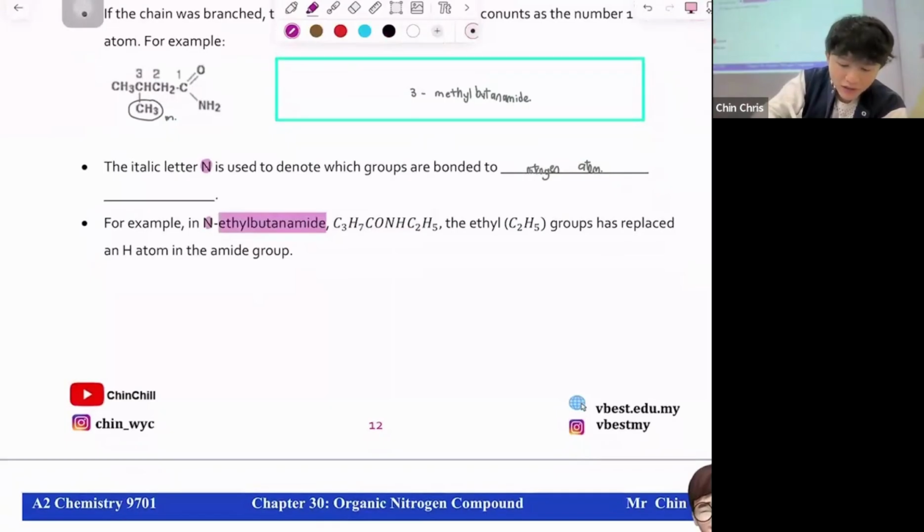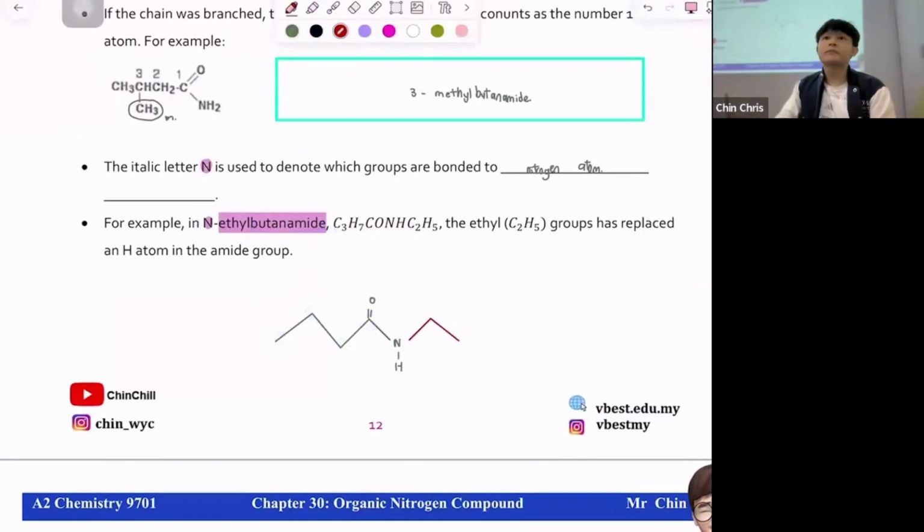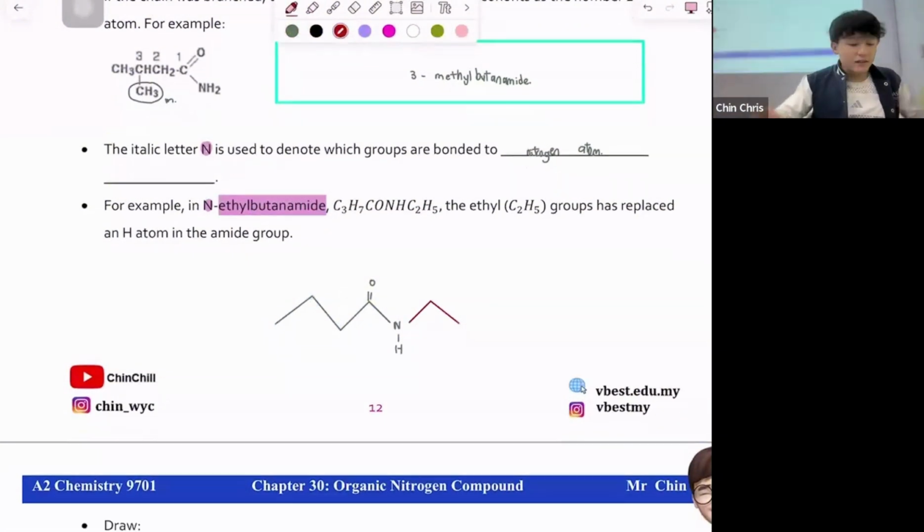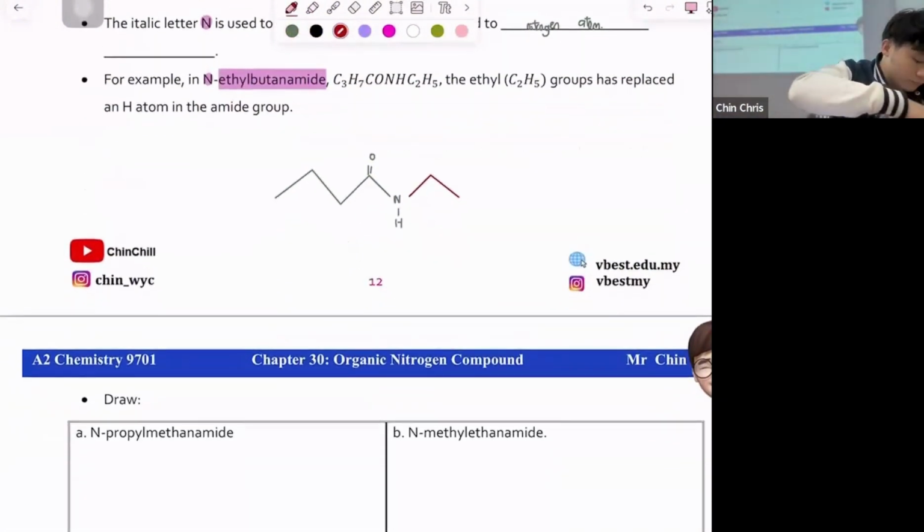I have an N-ethyl butane amide. You can draw butane first: 1, 2, 3, 4 amide. That's your butane amide. And ethyl means one of the hydrogens is substituted by ethyl: 1 carbon, 2 carbon. Understand?